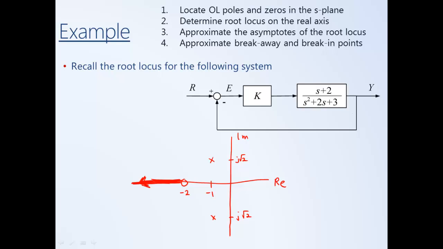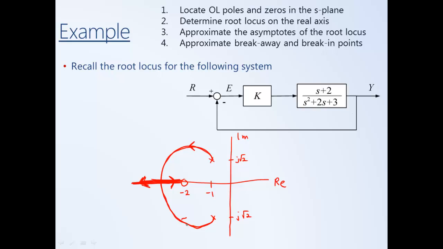Step 4 is to approximate breakaway and break-in points. In this case, we have one branch starting at one open loop pole and another branch starting at the other open loop pole. One of the branches is going to go to this asymptote. The other branch is going to go to the open loop 0.